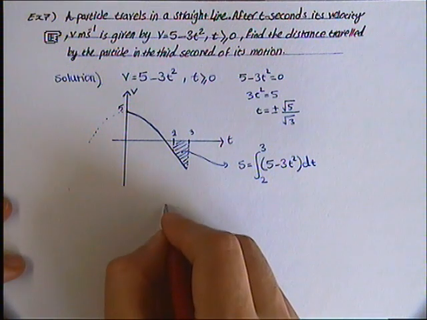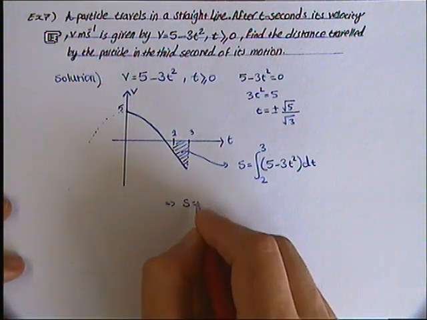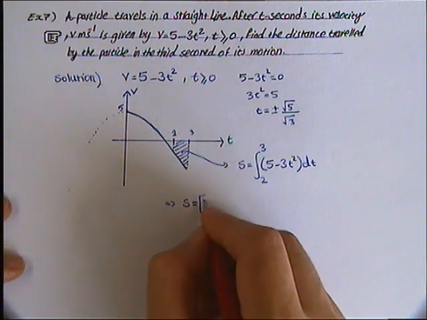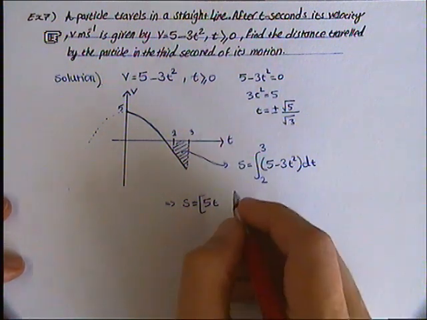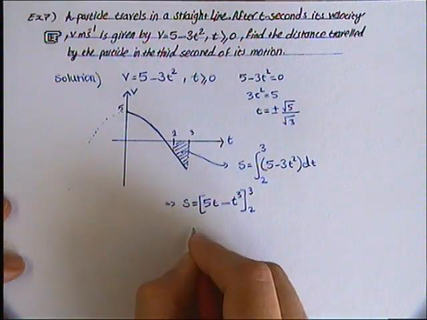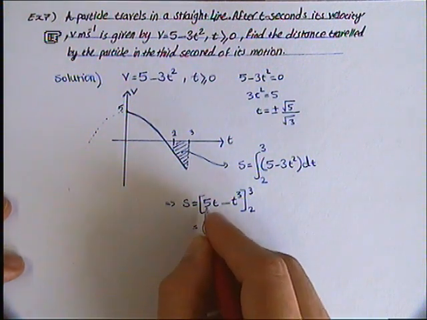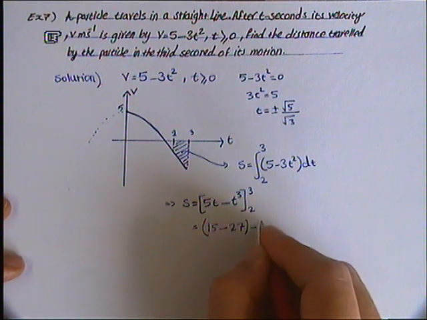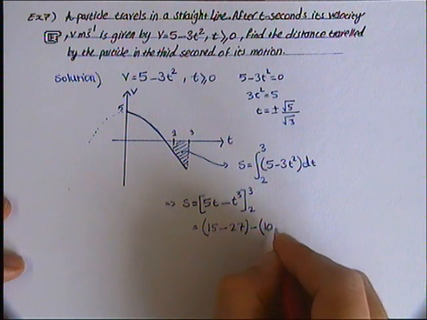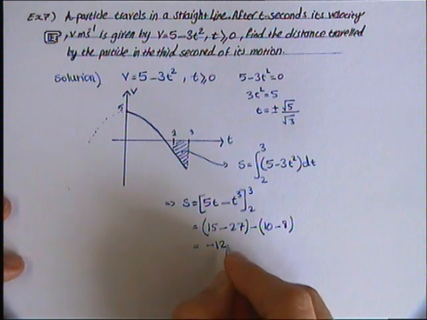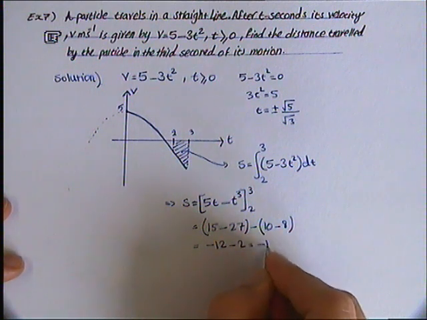So s is equal to 5t minus t cubed from 2 to 3. Let's substitute the values in. 5 times 3 is 15, 3 cubed is 27, minus 5 times 2 is 10 minus 8, which is minus 12, minus 2, which is minus 14.